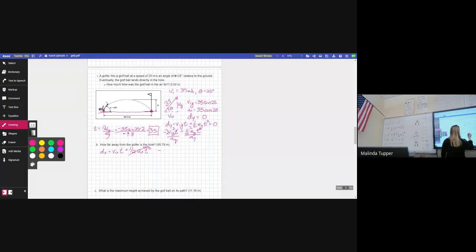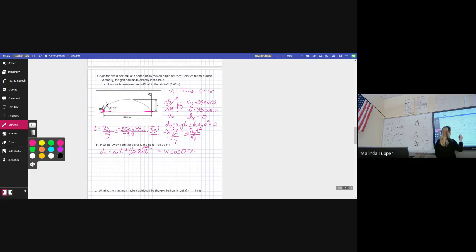So this is the horizontal component of the initial velocity times the time. Well, we just found the time up here.